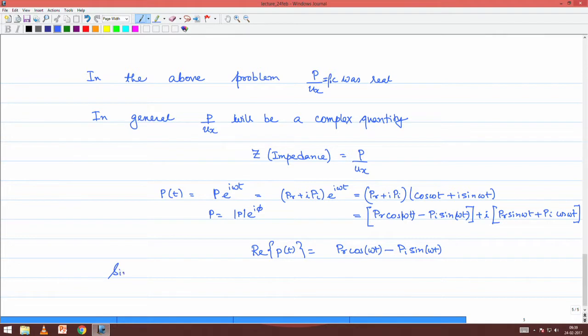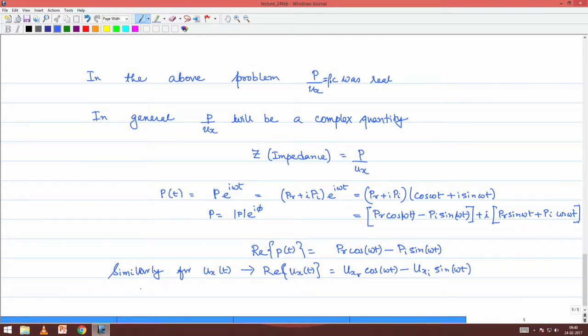Similarly, you could do this calculation for u x also, nothing changes basically. Similarly, for u x of t, you can do just the same calculations with p by u x. So, that will in turn lead to u x, the real part of it, into cos omega t minus u x I into sin omega t, right. And the instantaneous intensity will be the real pressure times the real velocity.